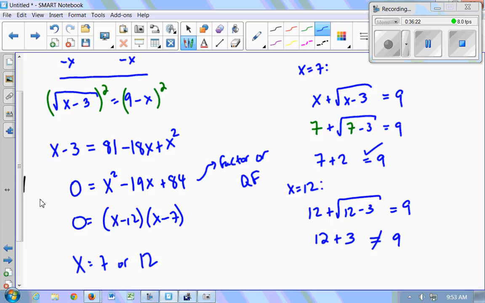So this we call an extraneous solution. So on the test, if you don't go back and check your solutions, if you count an extraneous solution, you might lose like 1 point. Something like that.